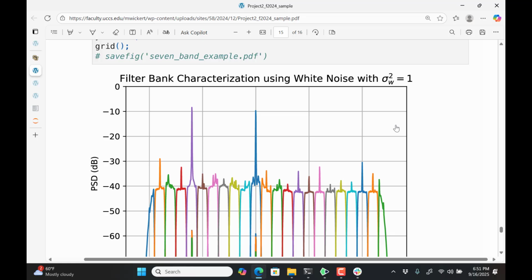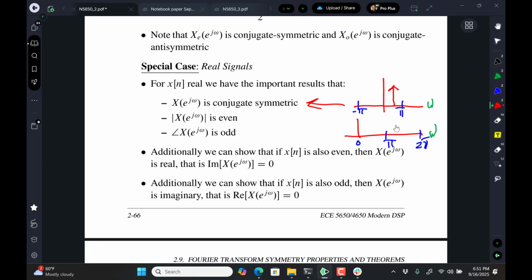I spent a fair amount of time creating it, but I got excited about just starting this, because when I was talking about symmetrical, I'm sidetracked. But real signals will always be, DC is DC, and what's up above is the symmetrical version of what's below. Always, always, always, always.